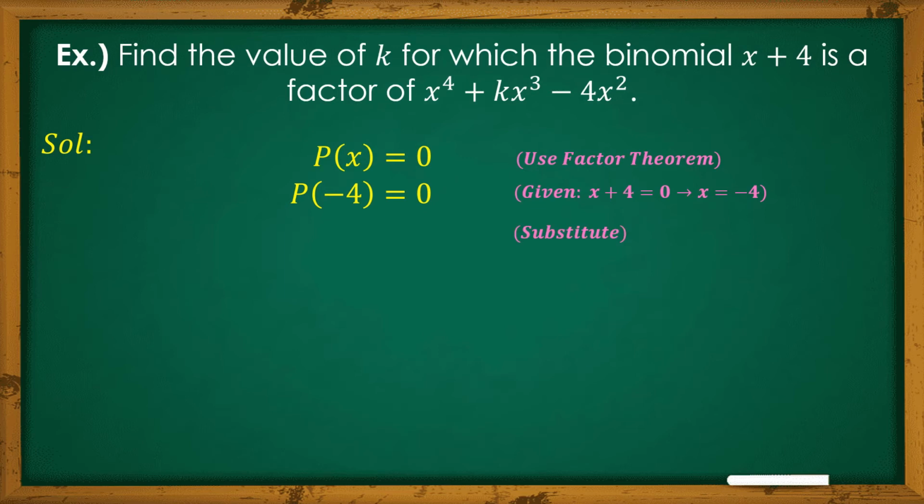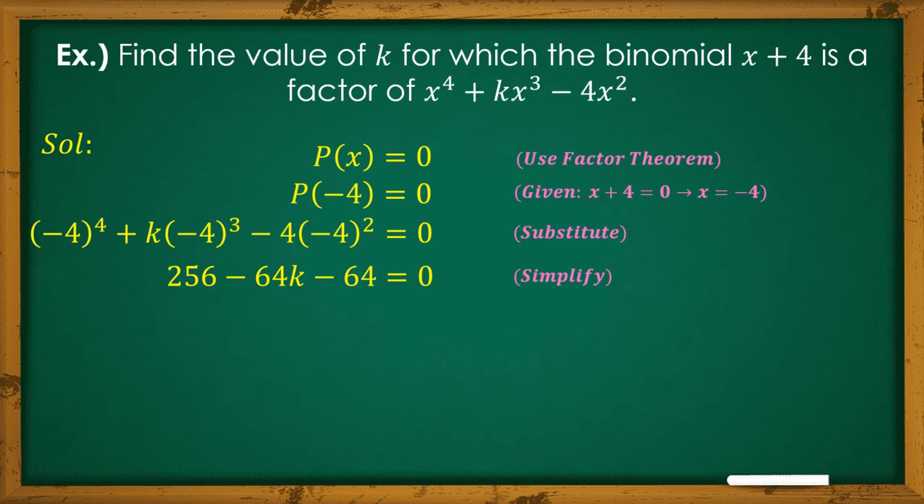Now, let's substitute it to the given polynomial. Negative 4 raised to 4 plus k times negative 4 raised to 3 minus 4 times negative 4 raised to 2 equals 0. By simplifying, negative 4 raised to 4 is 256. Negative 4 raised to 3 is negative 64 times k. Negative 4 raised to 2 times negative 4 is negative 64. Now, 256 minus 64 is 192.